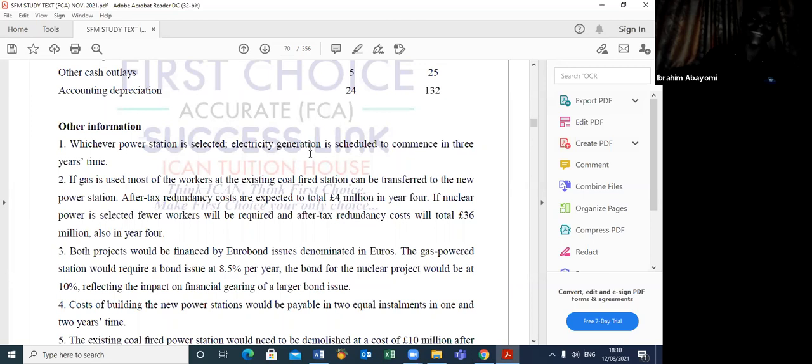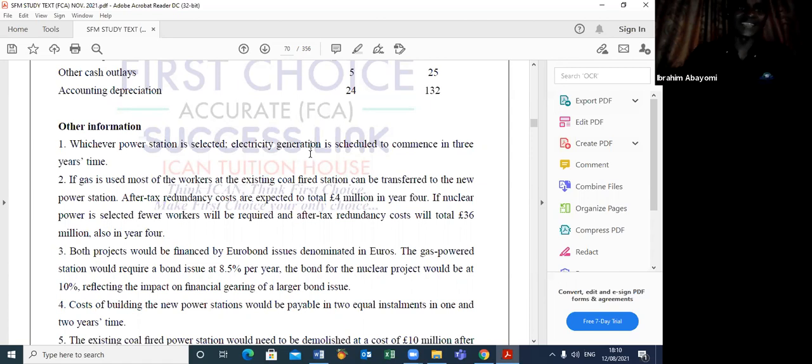So the moment year 3 ends, my project will start, and year 4 will begin. So the first year of my business will be year 4. The project will start in year 4.